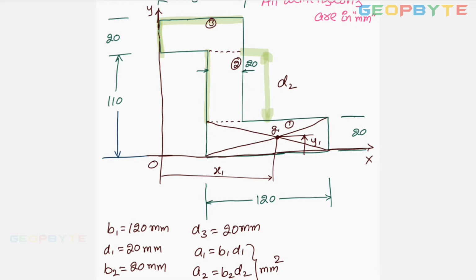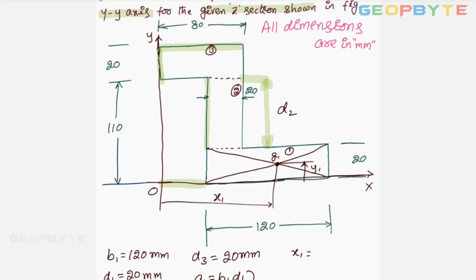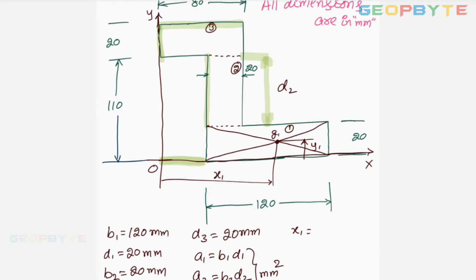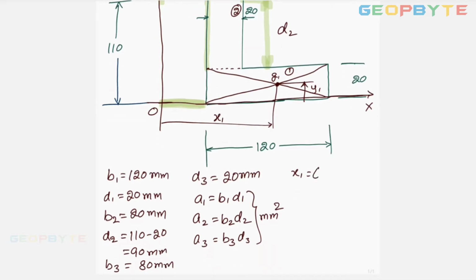Look at the x1. x1 equals this part plus half of the 120. This part is 80 minus 20, 60. So 60 plus 120 by 2. Similarly, y1 equals 20 by 2.